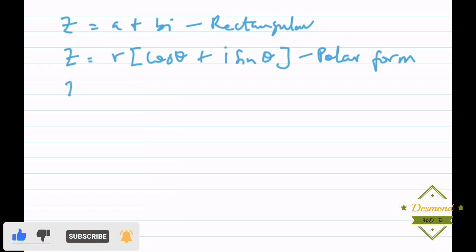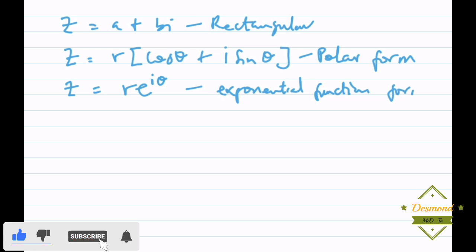And we also have z = r e^(i theta). And this is the exponential function form.